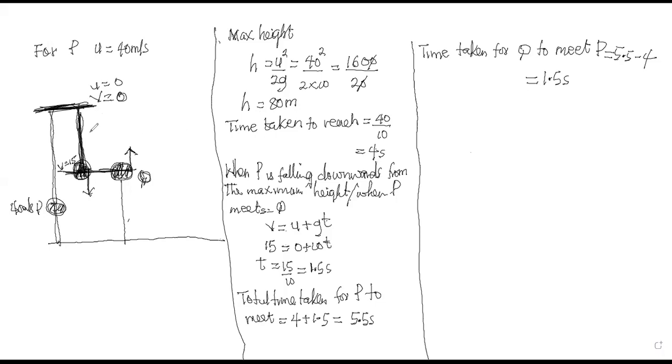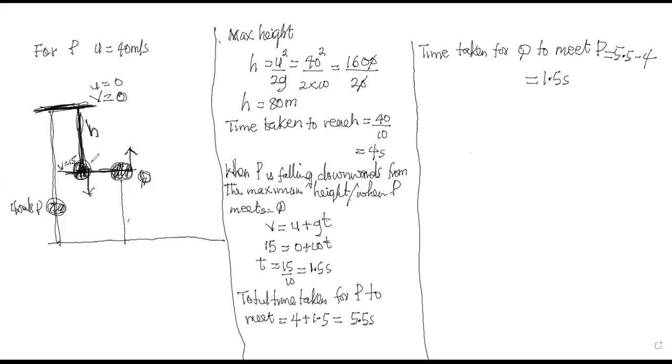Then what will be this distance, from the maximum height to where both are meeting? What will be H?